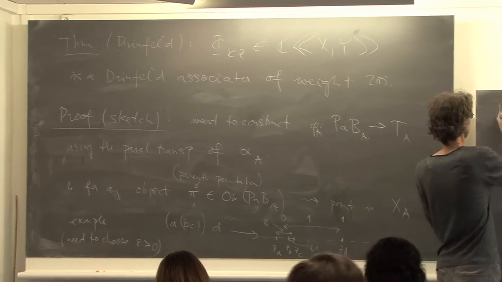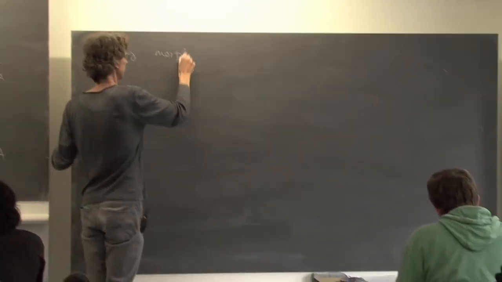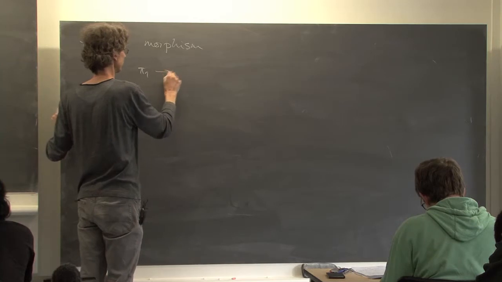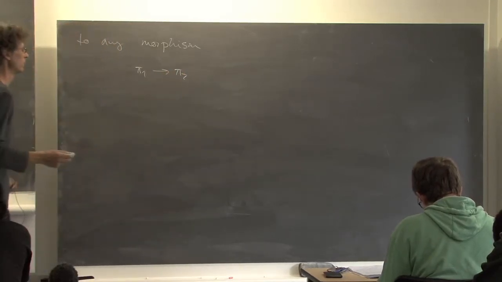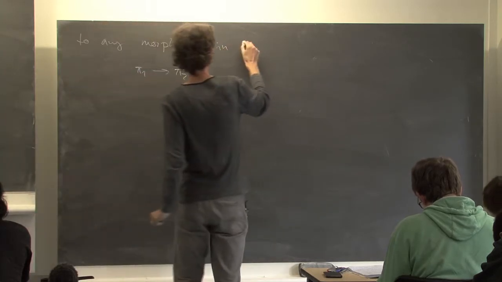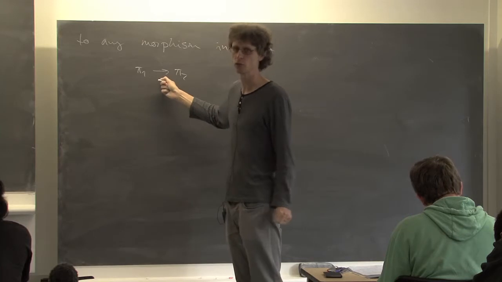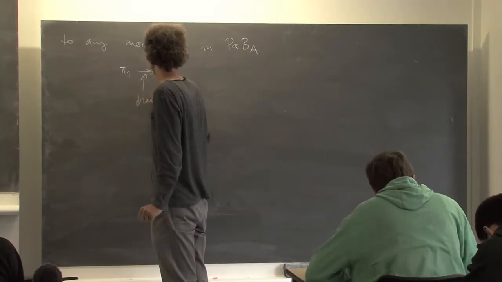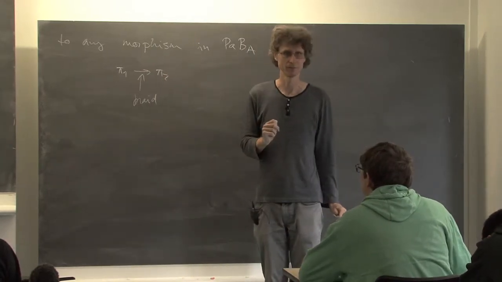Now to any morphism, say from pi 1 to pi 2, what is that morphism? That's actually a braid, right? A braid respecting colors of those strands.